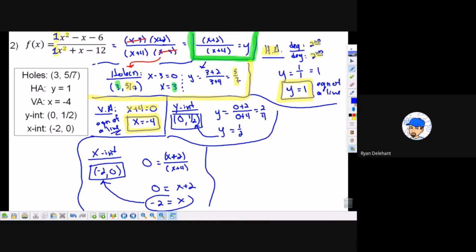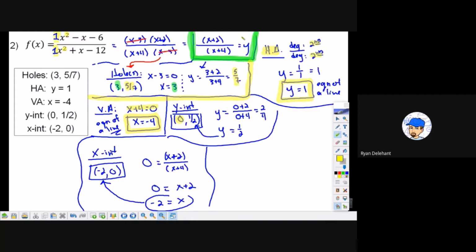Now, x and y intercepts. We're using the same methodology to solve for both of these things. Let's start with the y-intercept. To be a y-intercept, I know that my x value must be 0. I need to figure out the number to put in here for the y.